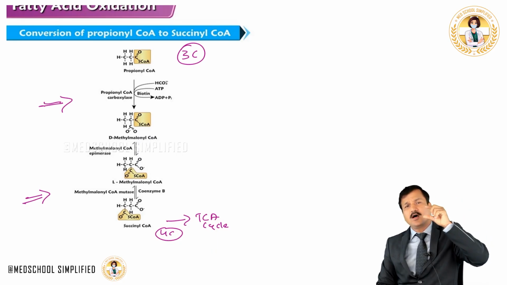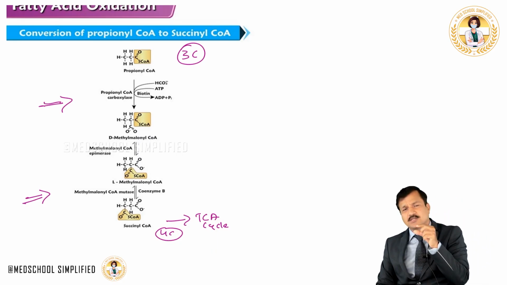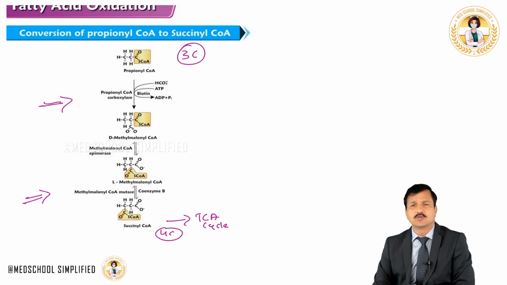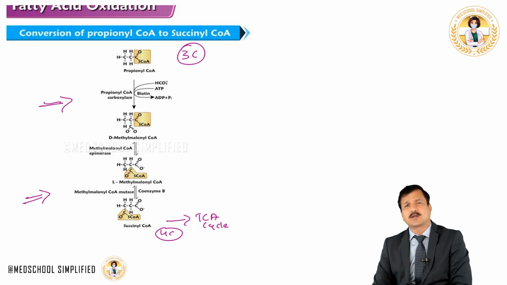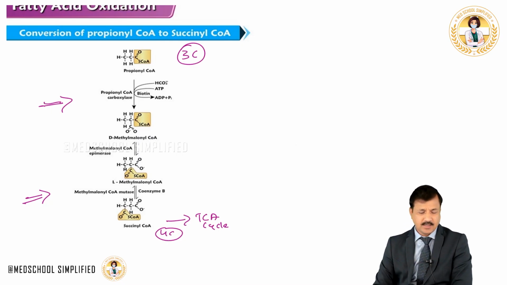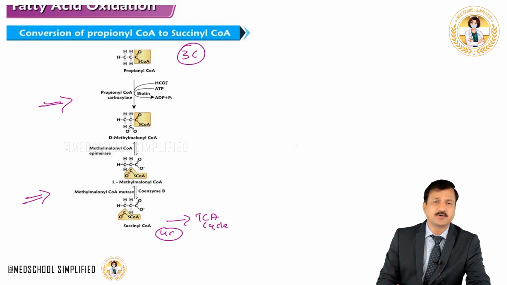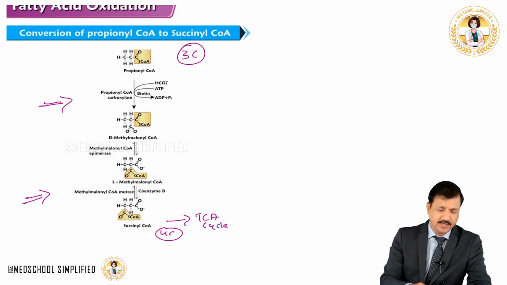That's how odd number carbon fatty acid oxidation, which gives propionyl-CoA, can contribute to glucose formation in gluconeogenesis. That means fatty acids can contribute to glucose formation, but only odd number carbon fatty acids, and the other that can do it is a branched chain fatty acid, which we are going to see later. So this is how propionyl-CoA is converted to succinyl-CoA to get into the TCA cycle or gluconeogenesis.